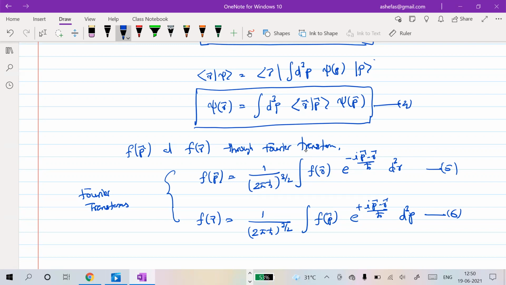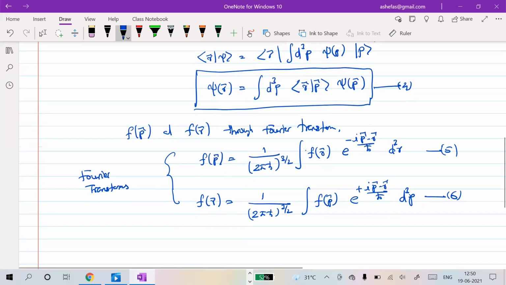Here p dot r has a certain dimension, so it has to be made dimensionless when you are using a variable inside an exponential function or any such function, for example sine, cos, tan, log. The variable inside such functions must always be dimensionless.